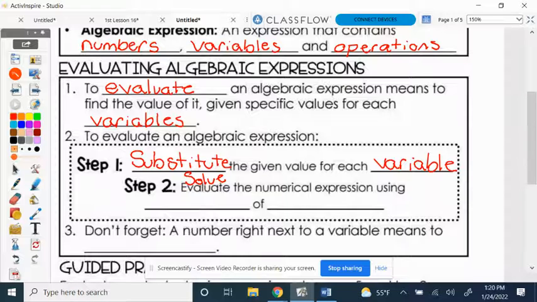There are certain steps that tell us a certain order: this goes first, and then you do this, and then you do that. What are those steps called? Matthew? Order of operations. It's the order of operations. That's why we looked at those a couple weeks ago.